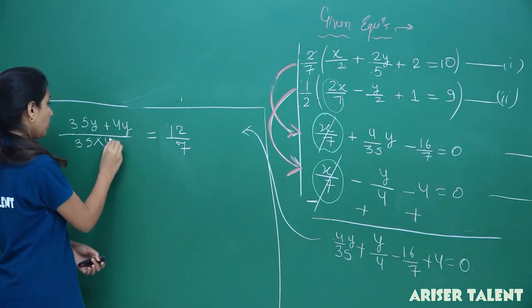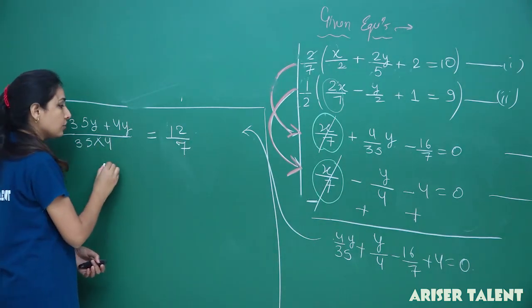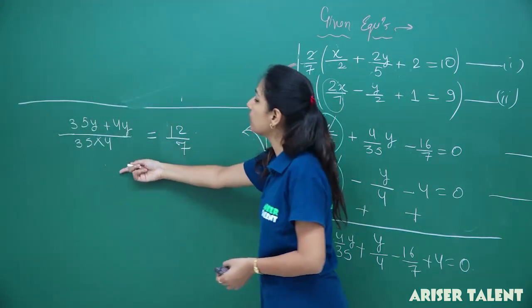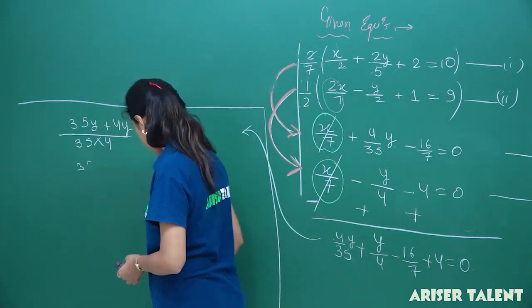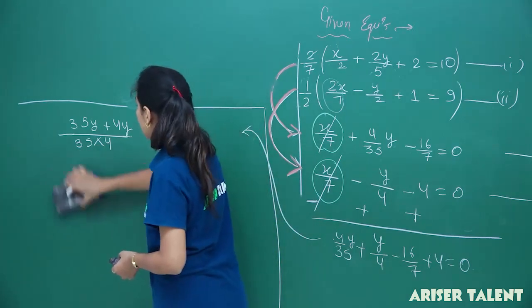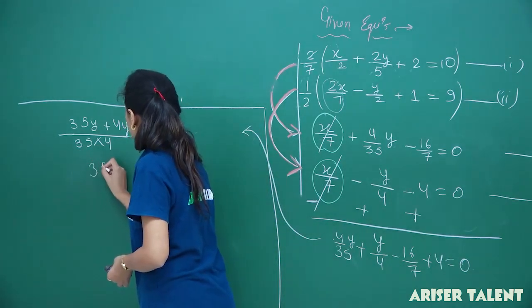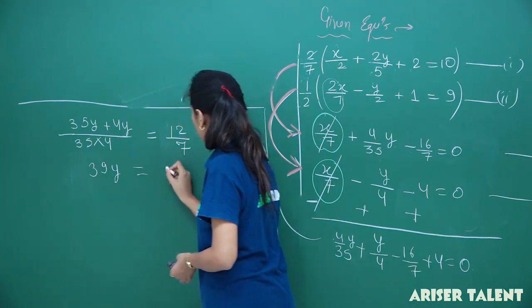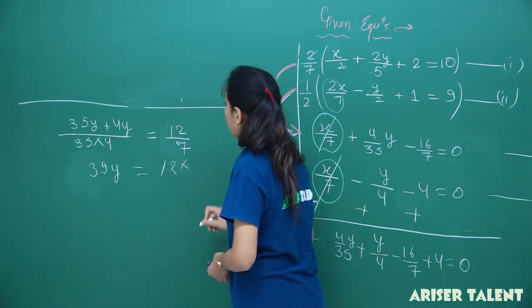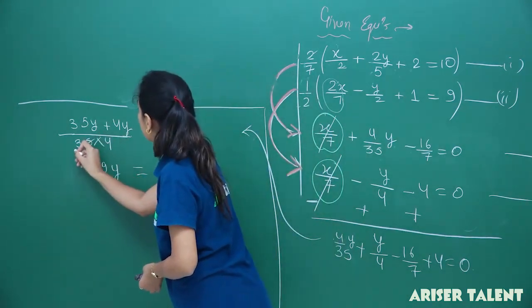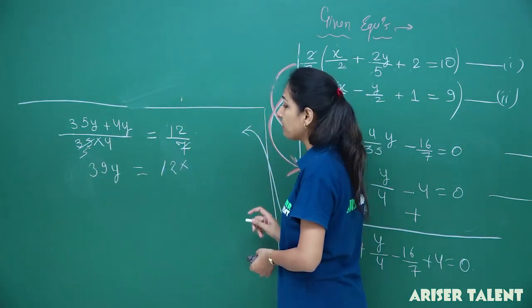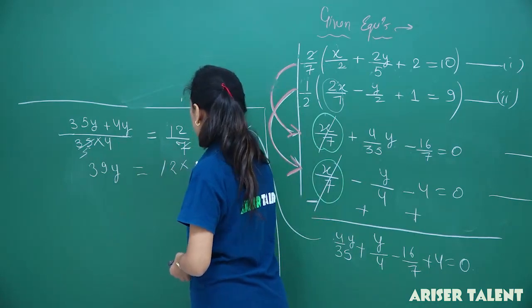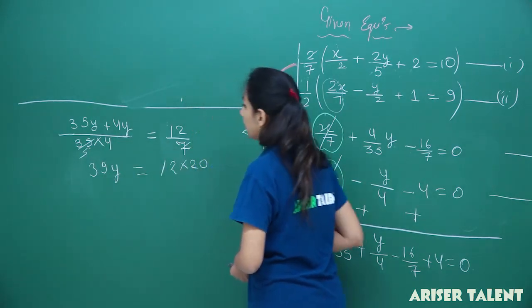Okay, now this will transpose here. So just look at this equation students. What will I do? This 35y plus 4y will give me 39y, equals to 12 multiplied by, now I can simply cut it by 5. Okay, 7 5 are 35. Now this will transpose here and that will be 20 here.